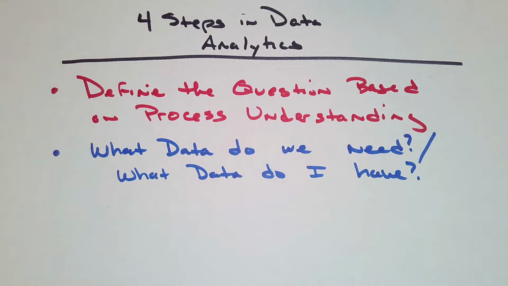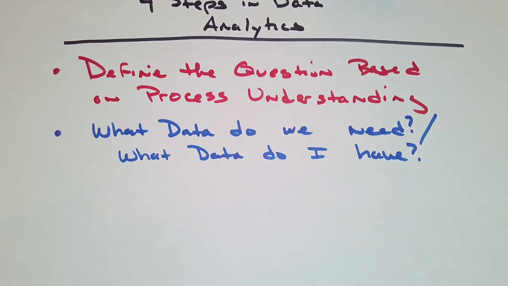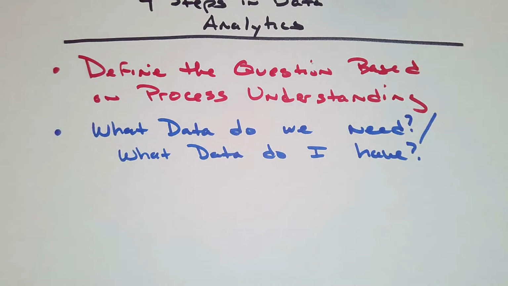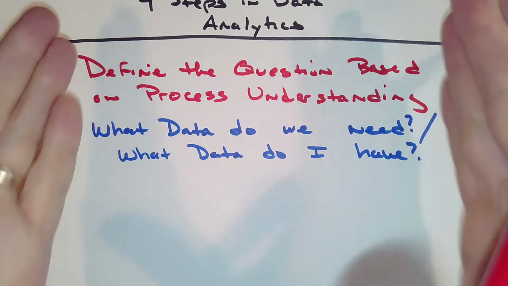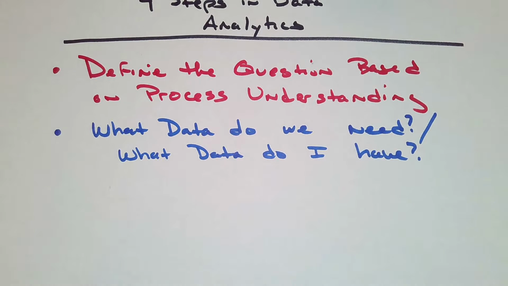So this also helps with what else do I need to keep gathering to be able to answer the process-based questions that I'm trying to ask. The third step, and these next 2 steps I feel are extraordinarily, these are all important, but these next 2 steps are very important.